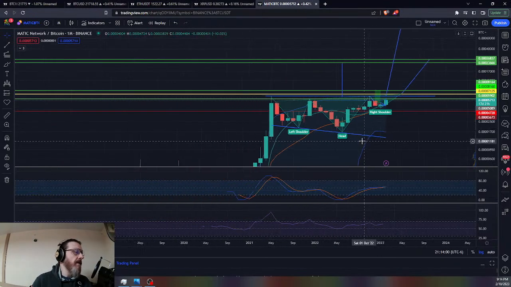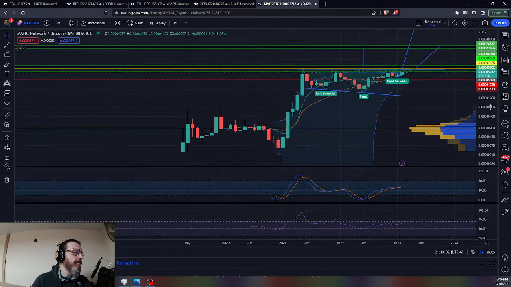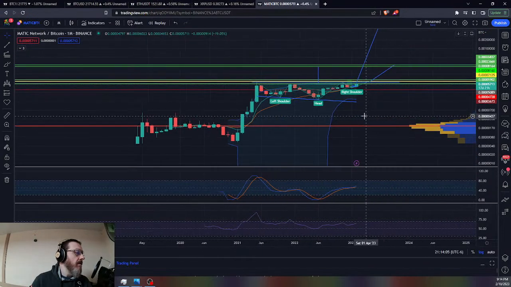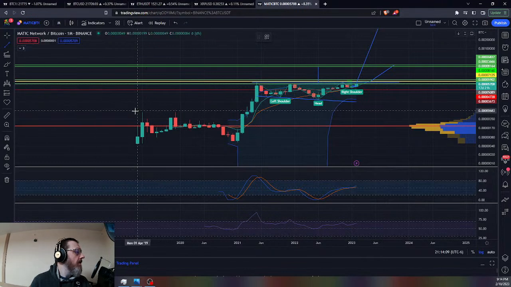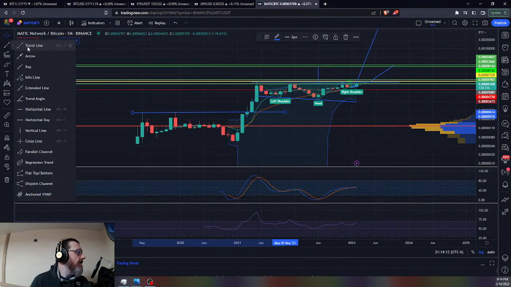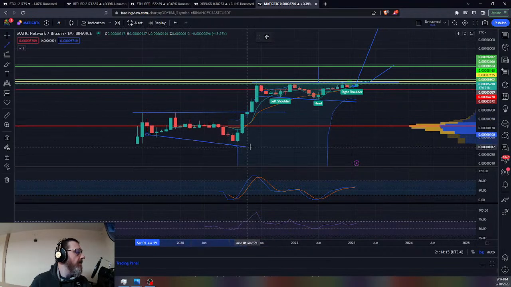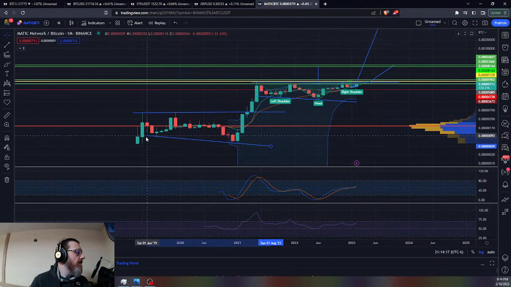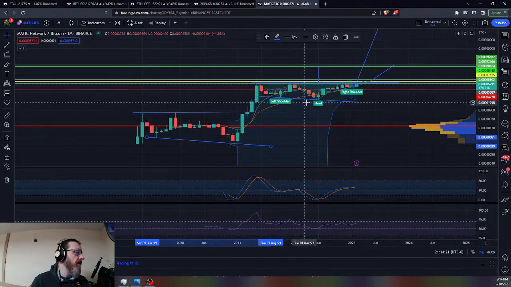And if I swing out even further, we can see here that we've kind of had this action before, where we had this flat line there. A swing wick down, lower swing wick down. You can see here, swing wick down, lower swing wick down. And with this, we saw a sharp break up.